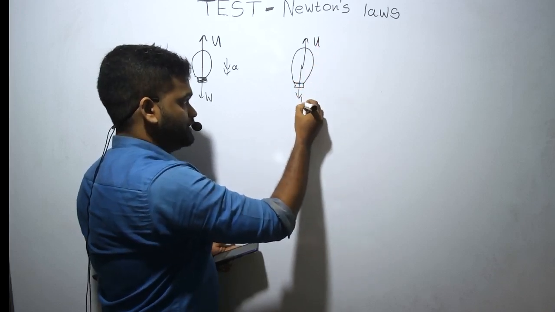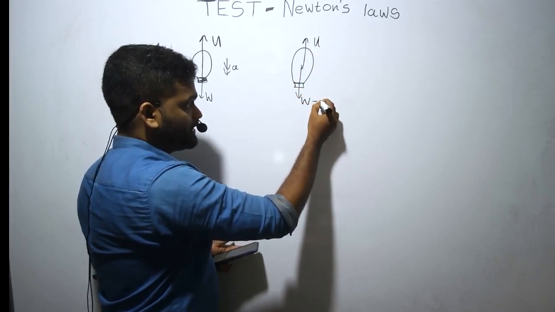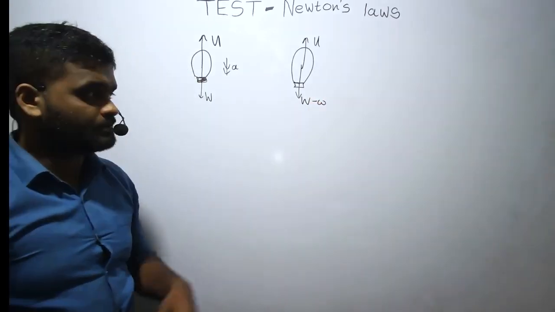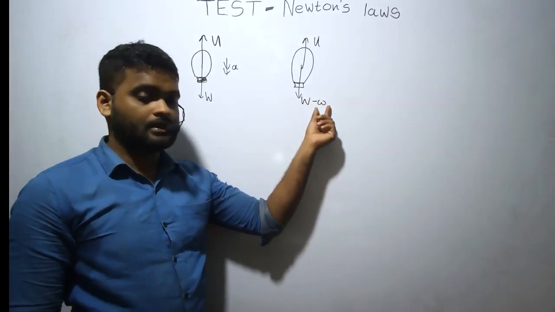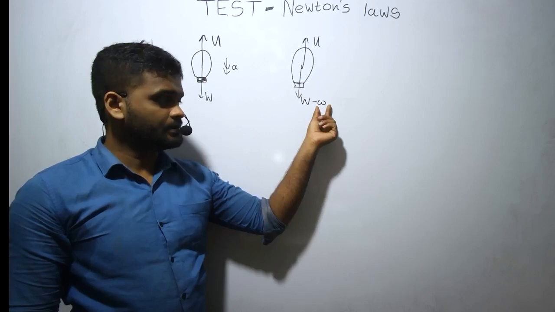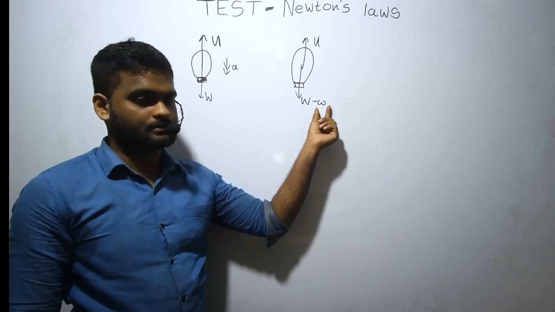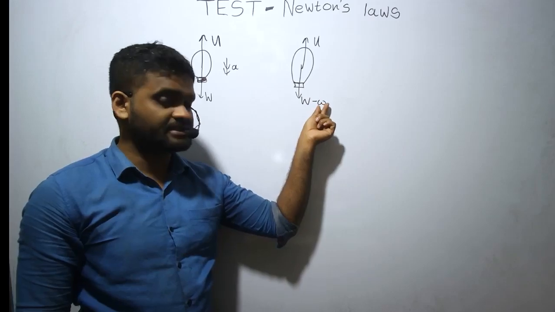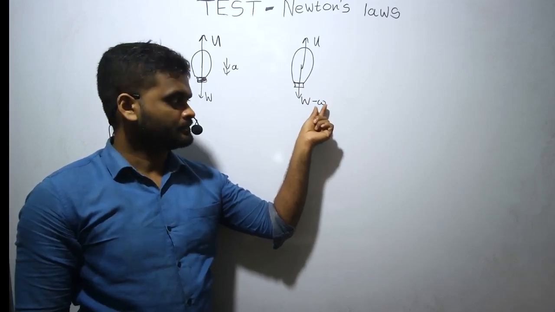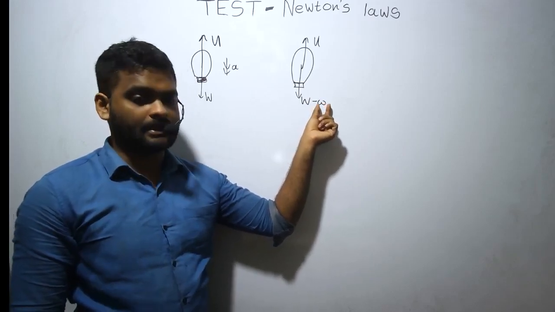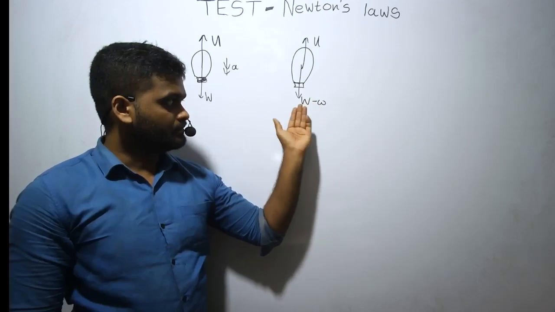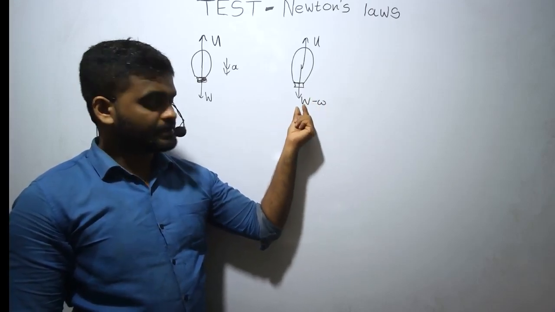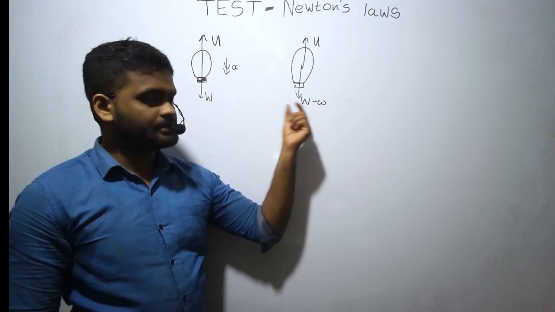So let's say now the weight of the balloon is W minus simple W. Let's say the amount of weight removed is simple W. It is written like omega, right? To mention that simple W, otherwise you'd mix these two. So now the weight of the balloon is W minus simple W.